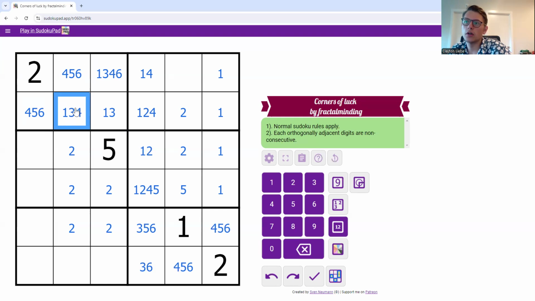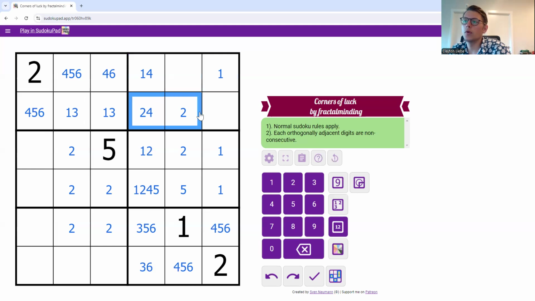Because if this is a 4, this is always 5 and 6. And no matter what, there's a 5 touching it. So actually, we can take 4 out of here. And we have a proper 1, 3 pair finally. And I feel like that's a real break-in because a 1, 3 is going to let us take 1s out of here. And now 1 is up here for sure.